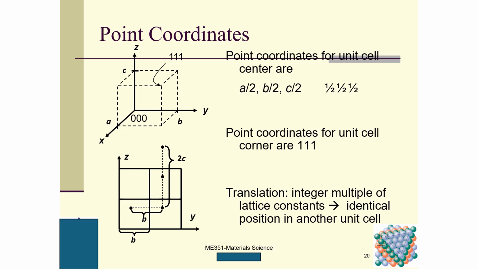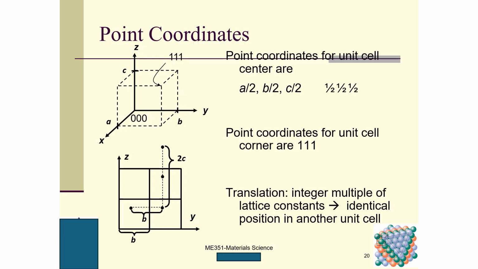Do you have a sense? So the point coordinate for the unit cell corner here is 1, 1, 1. So you can see 1, 1, 1. So translation by an integer multiple of lattice constants gives an identical position in another unit cell.